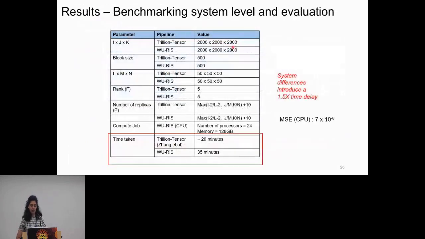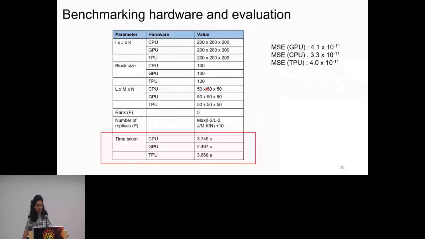Secondly, we conducted a benchmarking analysis to understand system-level differences on a billion-scale dataset, and it introduces a 1.5 times delay, just attributing to the hardware differences, with a mean squared error shown here. Lastly, to understand how different hardware architectures influence the performance, we conducted another benchmarking study on a million scale dataset comparing performances on GPUs, CPUs, and TPUs.